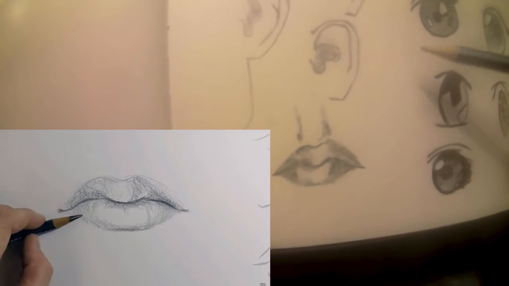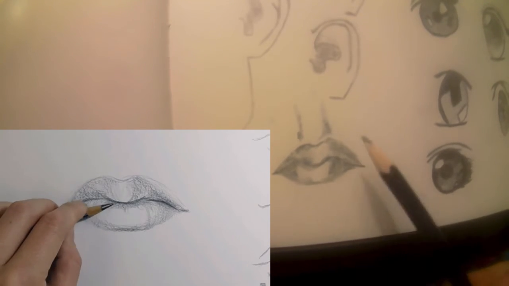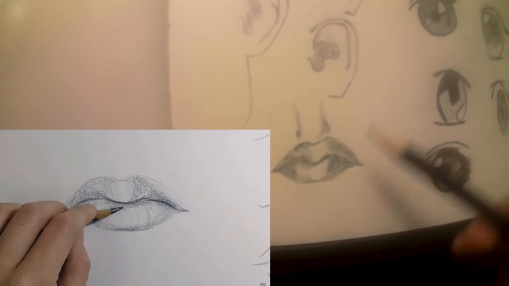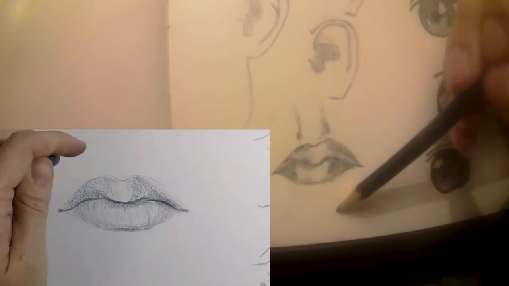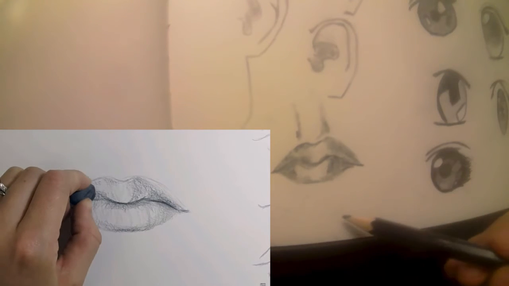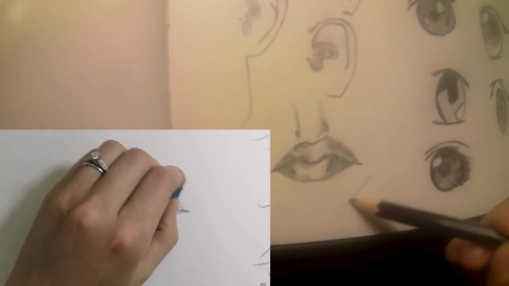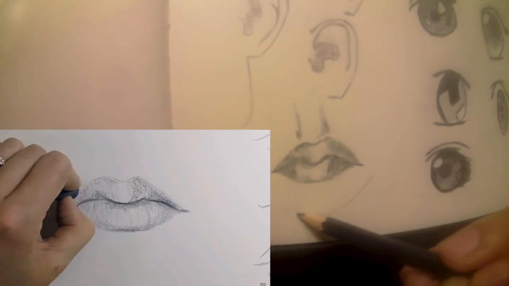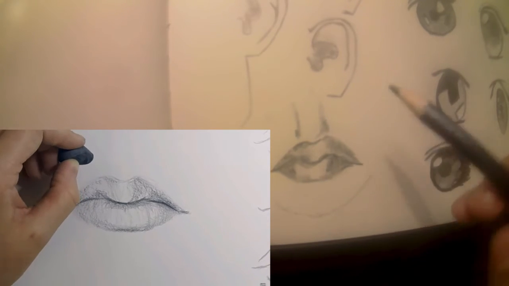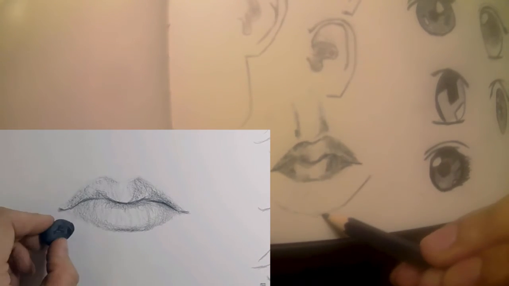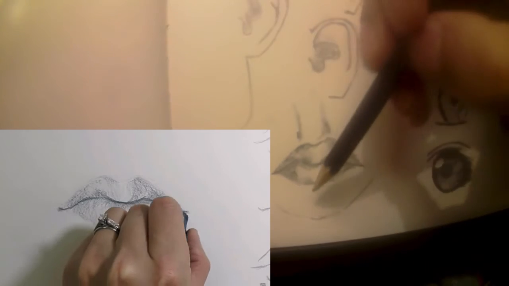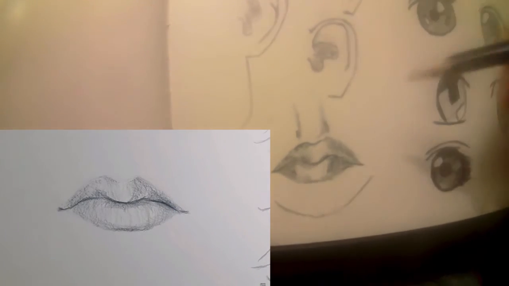And the areas that are underneath or moving inwards tend to be more in shadow. I can use my eraser to pick out highlights and remove those lines, because I don't really like those lines there. It looks a little too drawn.